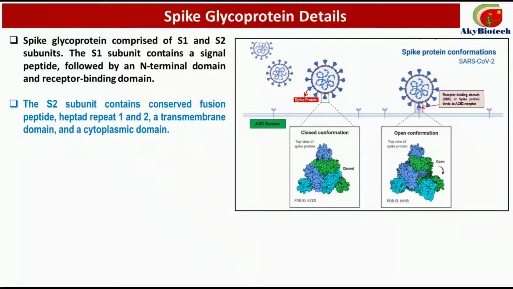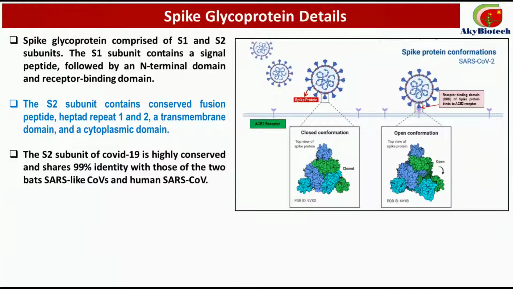The S2 subunit contains a conserved fusion peptide, heptad repeat 1 and 2, a transmembrane domain, and a cytoplasmic domain. So, this is related to the spike glycoprotein. It has two subunits, and the detailed information about subunit 1 and subunit 2 is given.